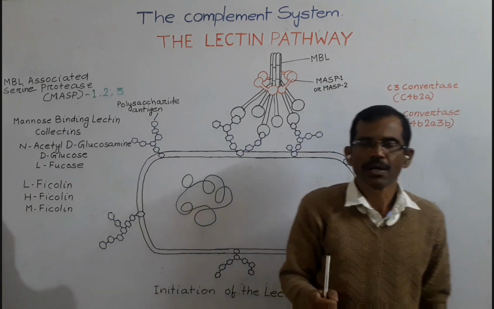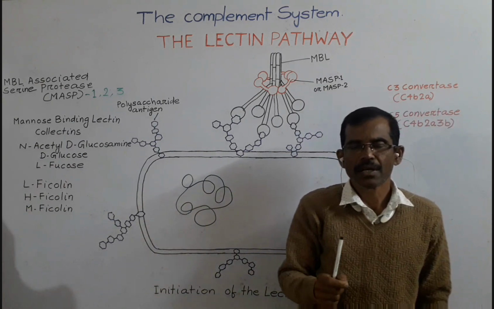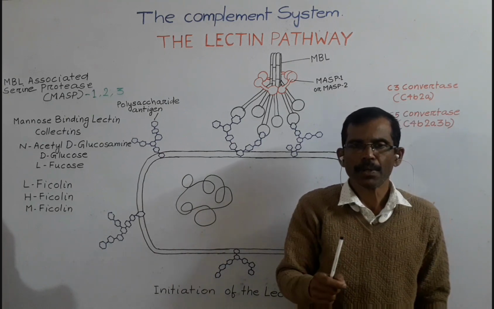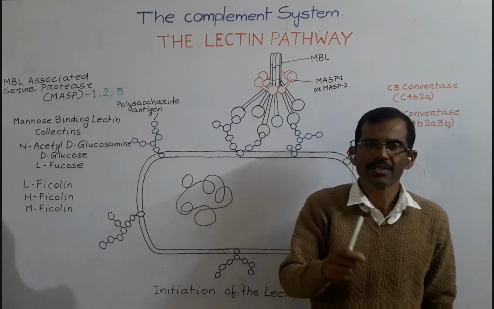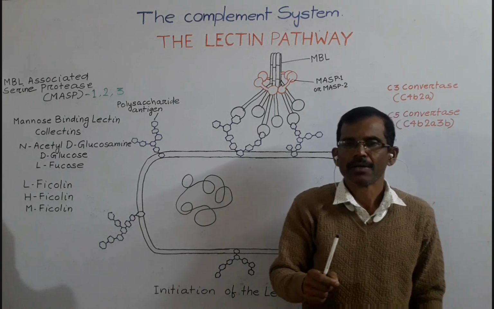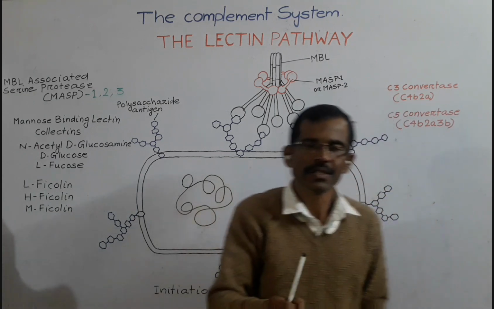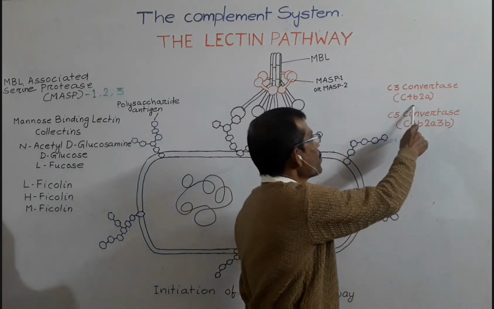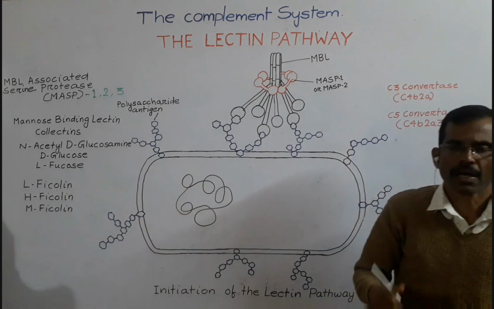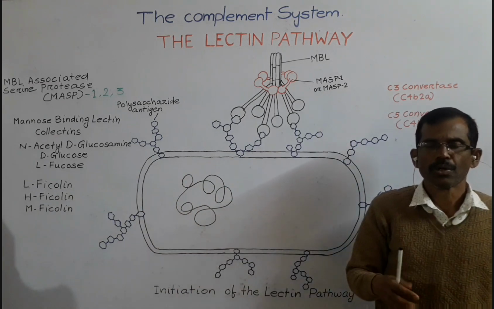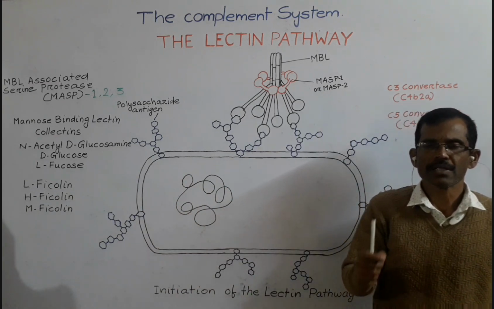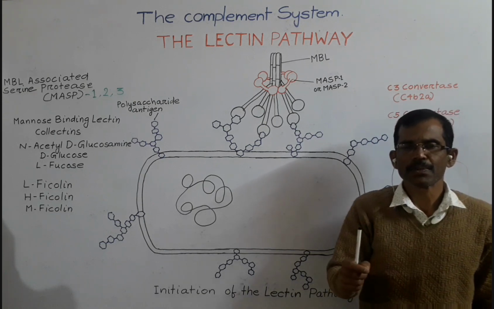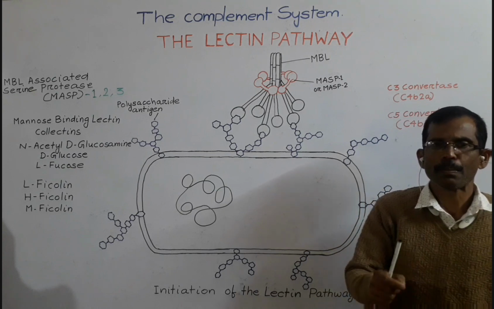MASP2 is structurally related to the serine protease C1s and cleaves the complement components C4 and C2, thereby leading to the generation of the C3 convertase, which is composed of C4b and C2a. The lectin pathway uses all the same components as the classical pathway, with the single exception of the C1 complex.